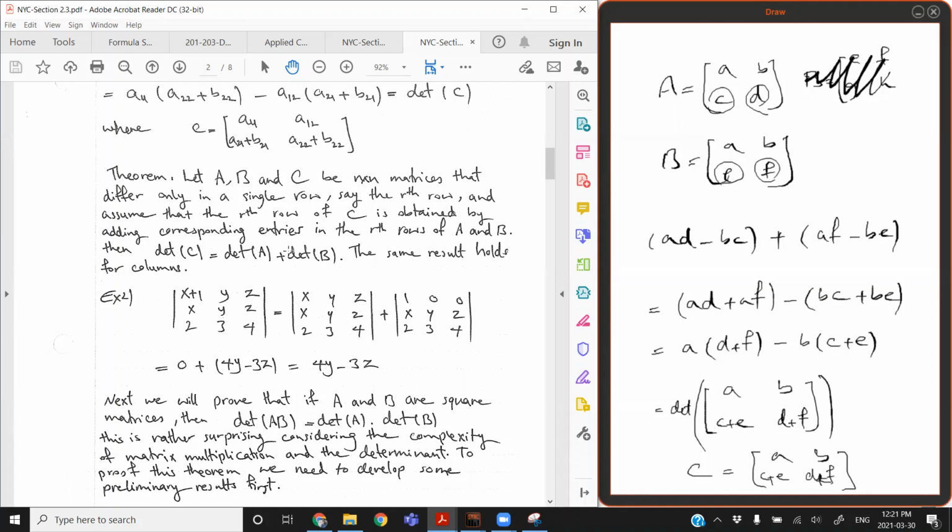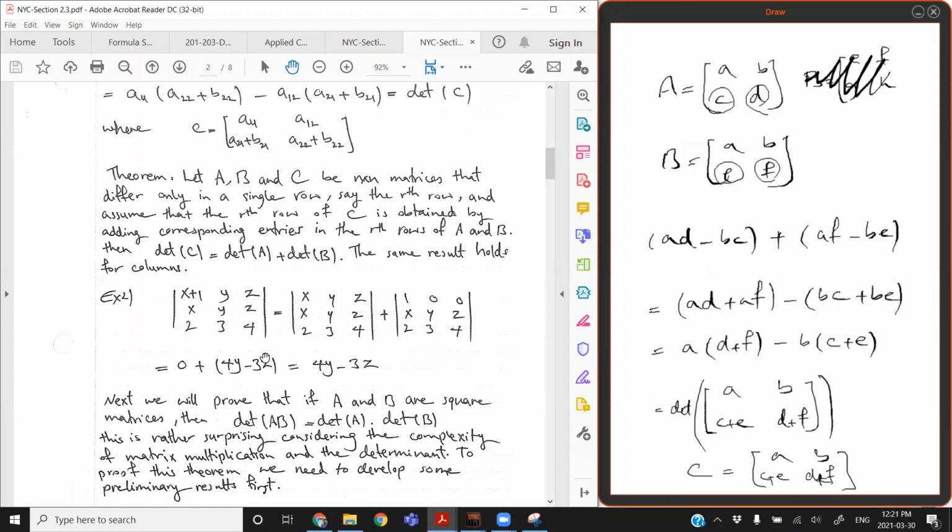That is, if A, B, C are n by n matrices that differ only at a single column, say the rth column, and the rth column of C is the sum of the corresponding columns in A and B, then again, you have this relation.